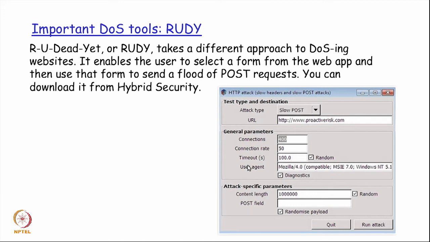This flooding of POST requests beyond a particular level will ensure that the web server, which is supposed to handle these requests and respond back, suffers a lack of resources once the threshold number is crossed.